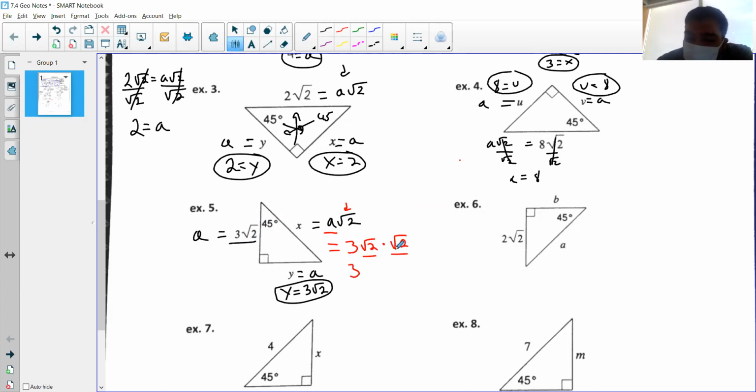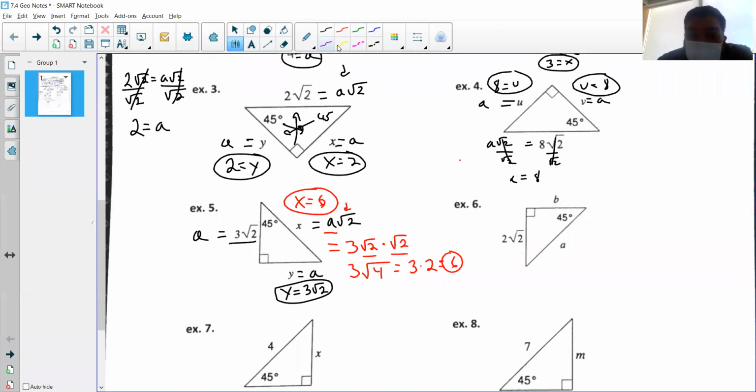So 2 times 2 is the square root of 4. But you guys are very smart. You know what the square root of 4 is. What times what gives you 4 happens to be 2. So 3 times 2 gives you 6. So what happens here is that X equals 6.